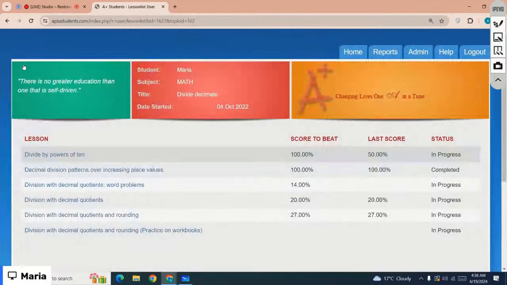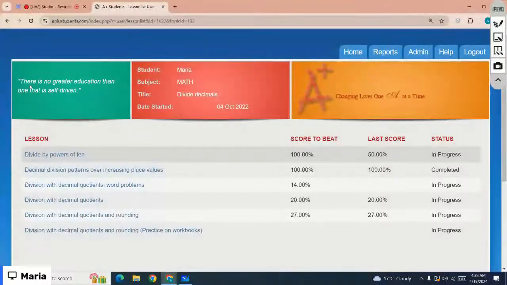So we were working on grade 5 math. The chapter we were working on is divide decimals.